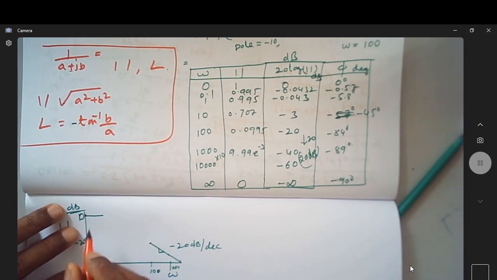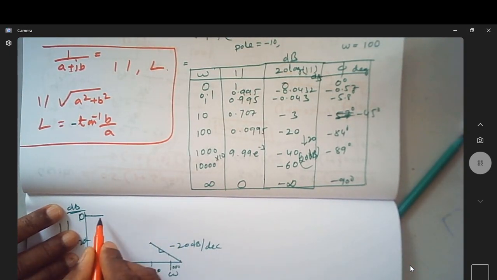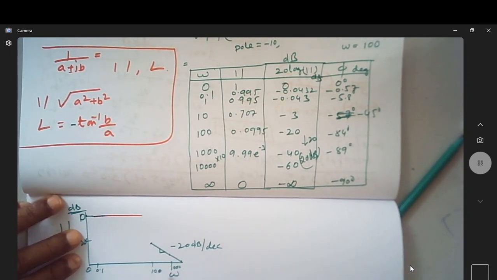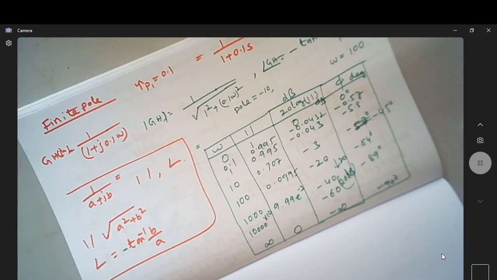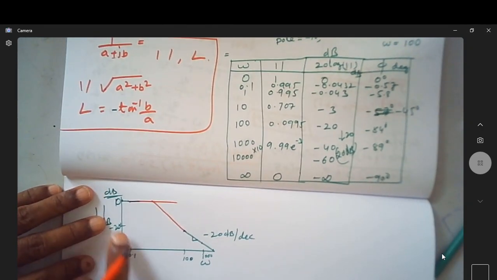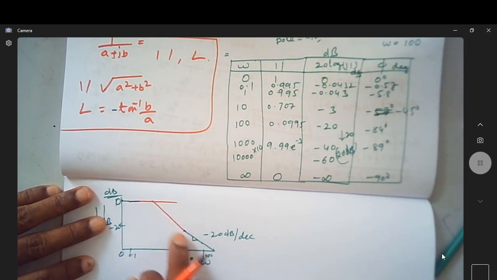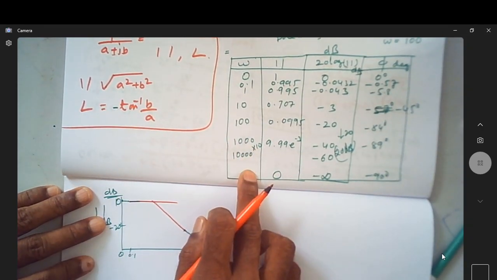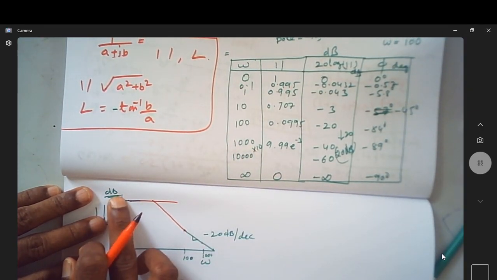Suppose if you extend this line and extend this line also, they meet at a certain point. Because these were the points for larger frequencies, these were the points for lower frequencies.